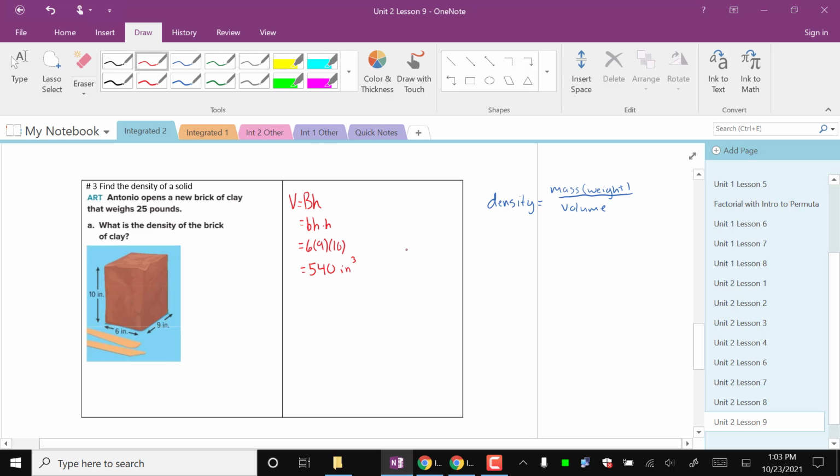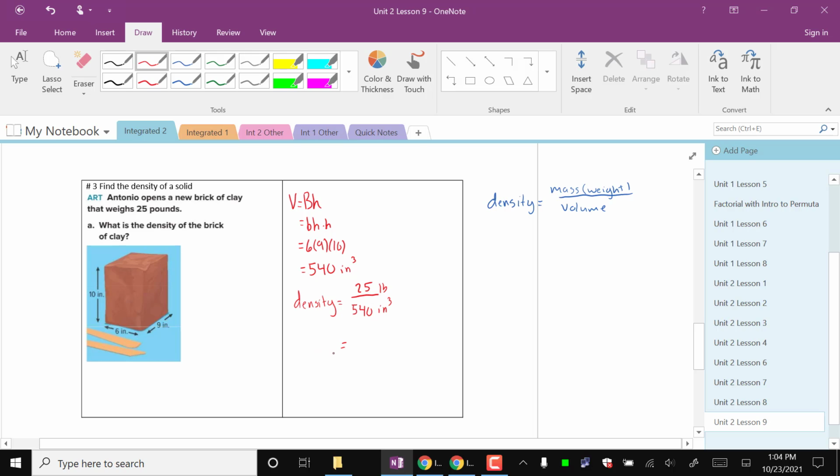So now we have the volume. So we're going to put this into this density idea right here. So density equals the mass, and it tells us it is 25 pounds, divided by the volume, which we just solved for, is 540 inches cubed.